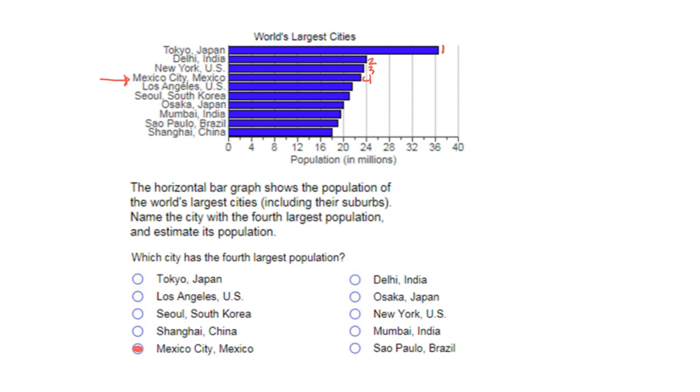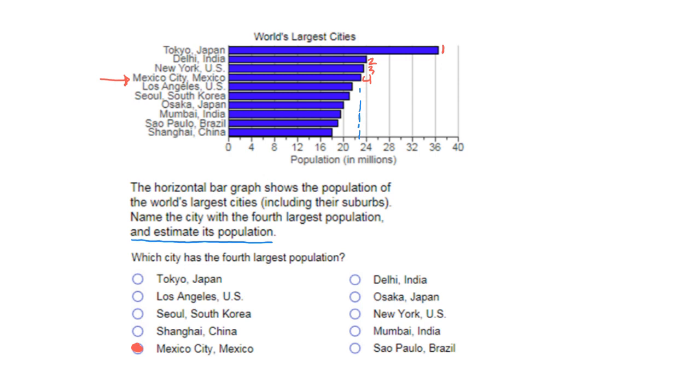So I'll select that. Which city has the fourth largest population? Mexico City, Mexico. Then it says to estimate its population. So I'm going to go to the end of the Mexico City bar, and I'm going to do another imaginary vertical line here so that it gives me an idea of where to estimate.